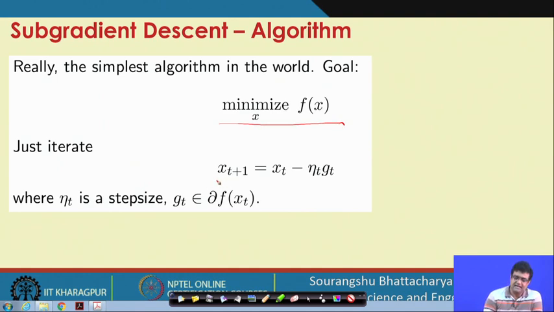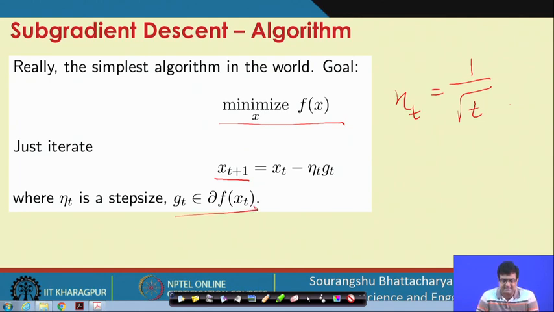If you use this algorithm, x t plus 1 is equal to x t minus eta t times a subgradient, where eta t is a step size, usually a decreasing step size. For example, eta t can be taken as 1 by square root of t. This is one way to decrease the step size, and if this is the case, then we can still find the optimum of the convex function, even though it is not differentiable.